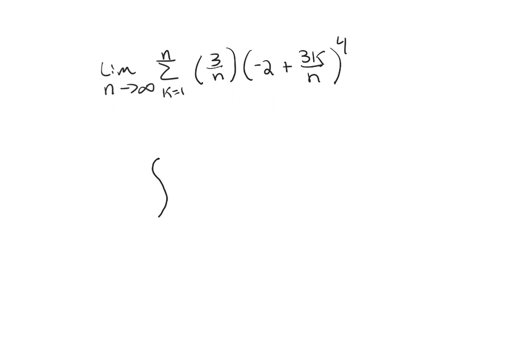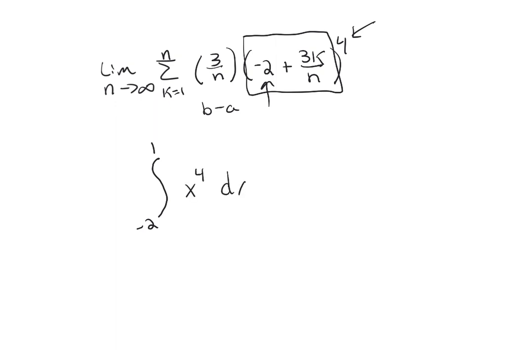Turning this into the definite integral notation. So we know the difference from a to b has to be 3. Here is that starting amount a, so -2 to +1, and if this is what you're plugging in for x, and then we have this 4th power, so it is x to the 4th power dx.